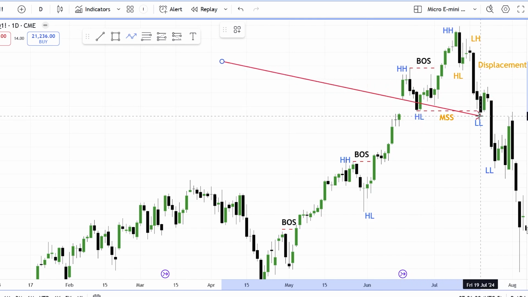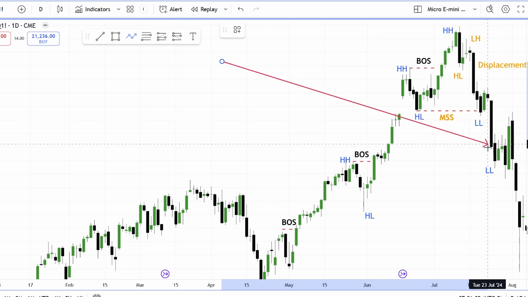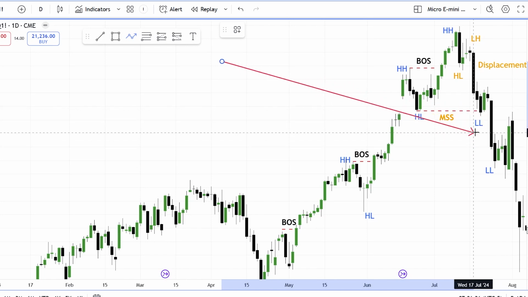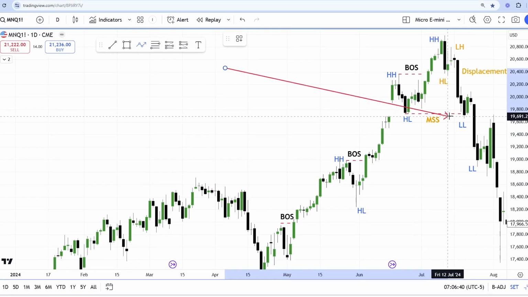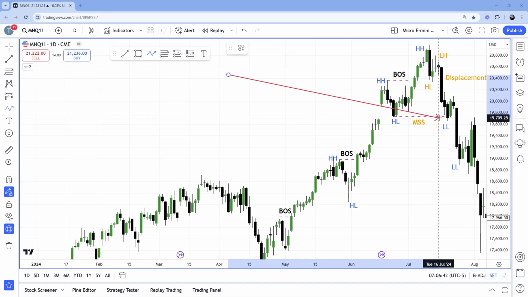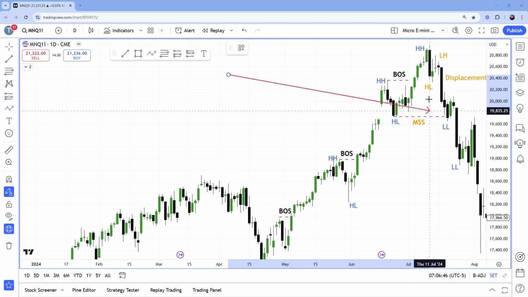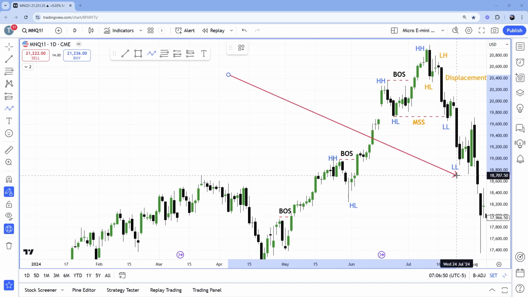So if this is not enough, you could also consider this as the completion of the displacement and making the lower low. However, this is the market structure shift. As you can see, now after the market structure shift, the trend has turned into a downtrend.